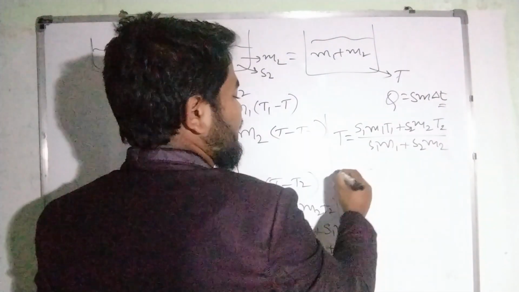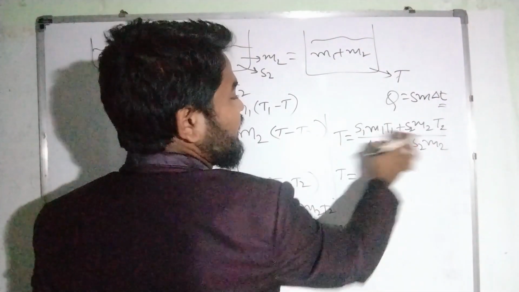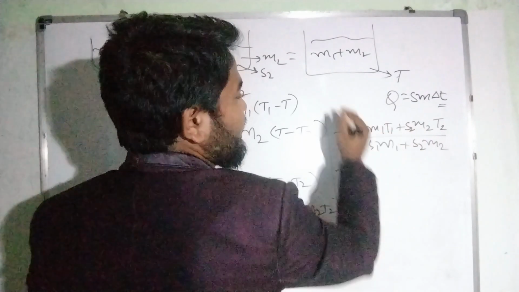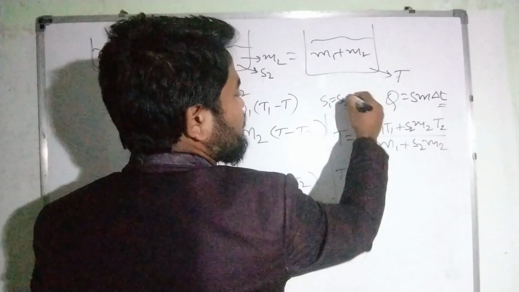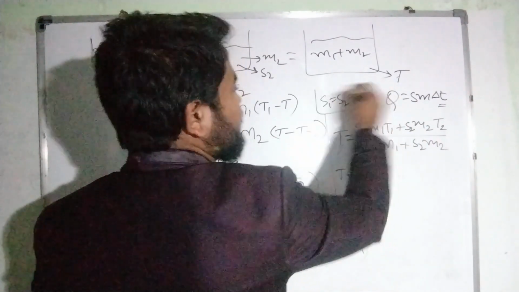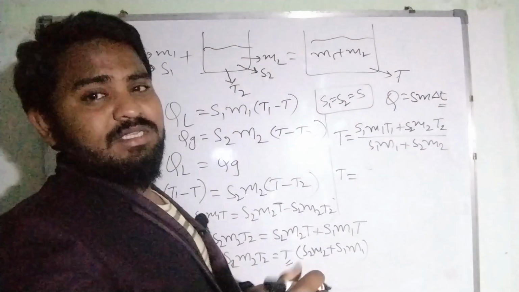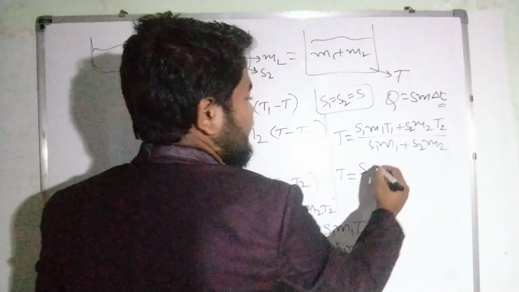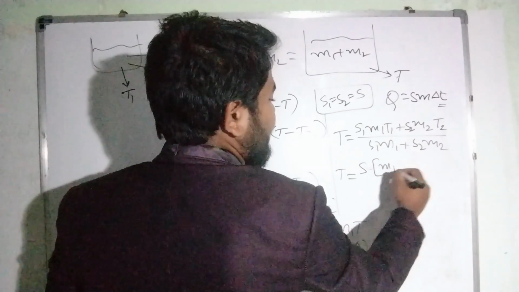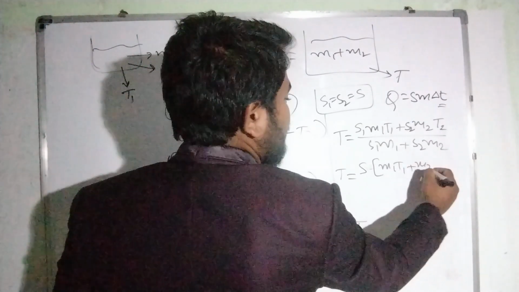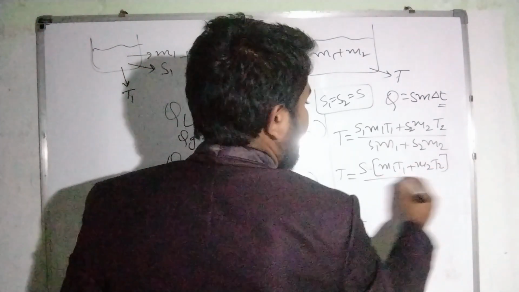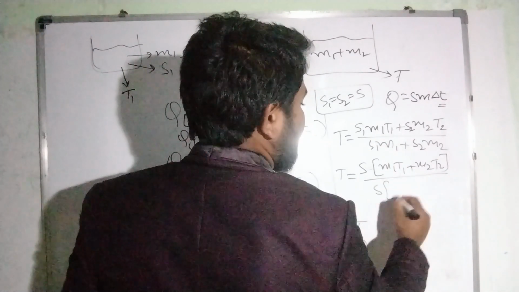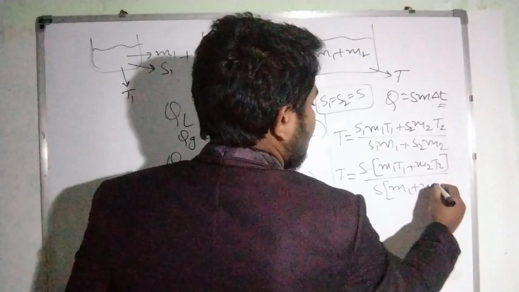So the final temperature, if S1 is equal to S2, that is equal to S, because if both are similar substances, their specific heat values will be the same. Taking S as common in the numerator, M1 T1 plus M2 T2, and taking S common in the denominator, M1 plus M2.